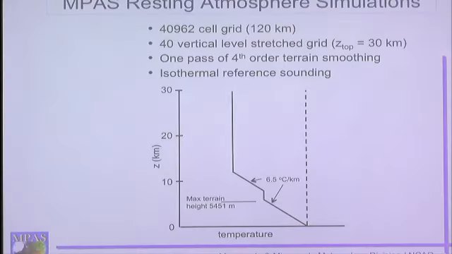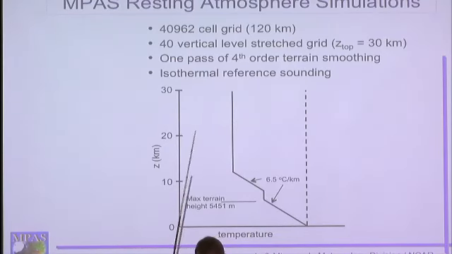The idea is that we initialize the model on the sphere. We have the real terrain. We specify a single sounding at every point on the terrain, and we specify zero initial velocity. So we're sitting there with a calm atmosphere.